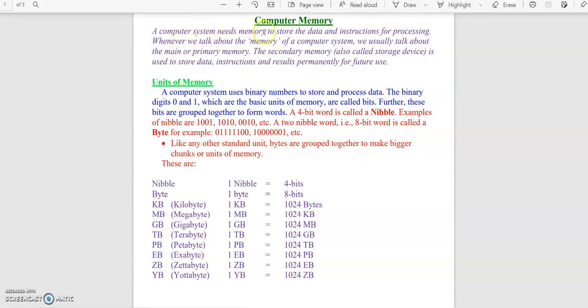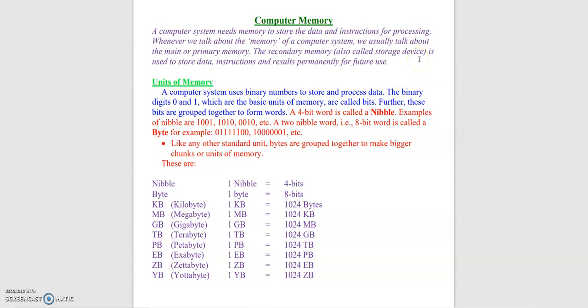A computer system needs memory to store the data and instructions for processing. Whenever we talk about the memory of a computer system, we usually talk about the main or primary memory. The secondary memory, also called storage device, is used to store data, instructions, and results permanently for future use.